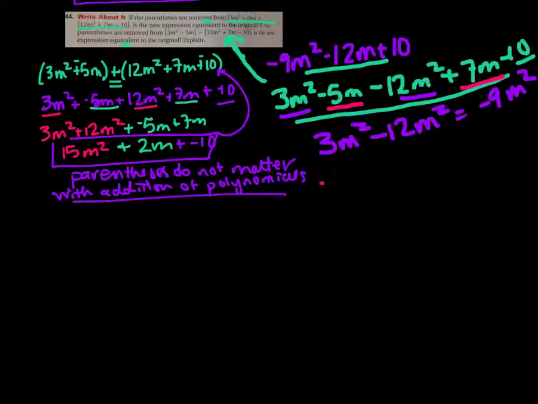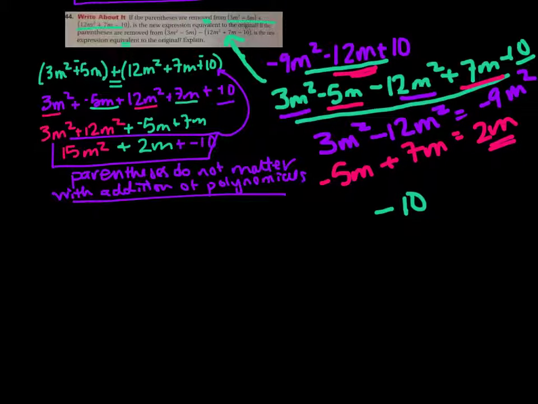Now let's look at negative 5m plus 7m, and we have 2m. Different answers. And we have negative 10. So if we were to rewrite all of this, we have negative 9m squared plus 2m minus 10, and that is a different equation.